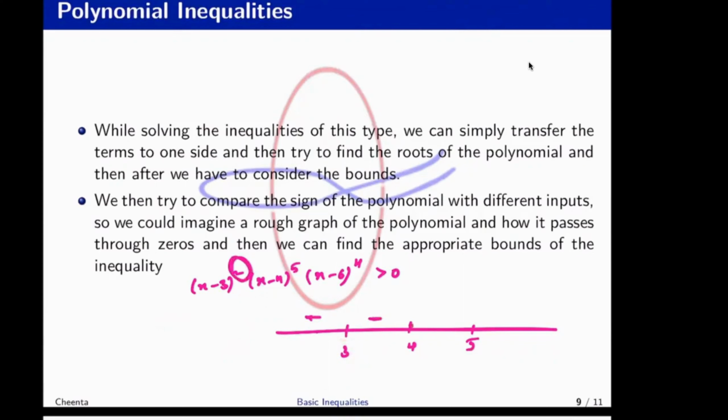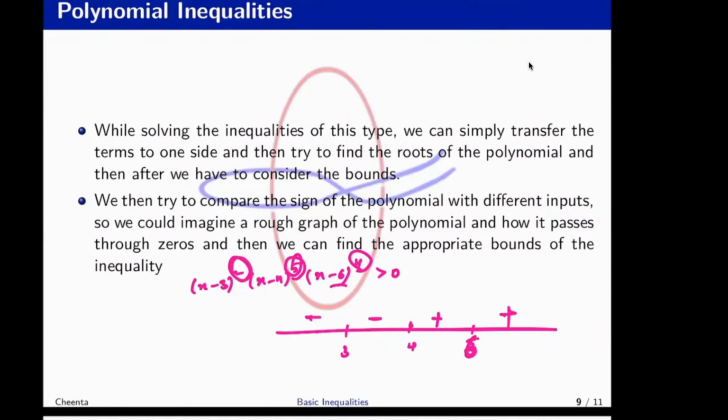At 4 our power is 5, so the sign will change. And at the root 6, the power is 4, which is even, so the sign remains constant.